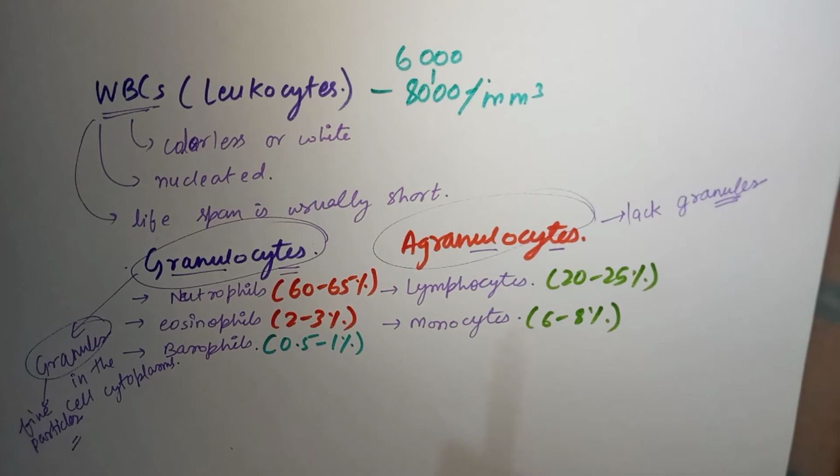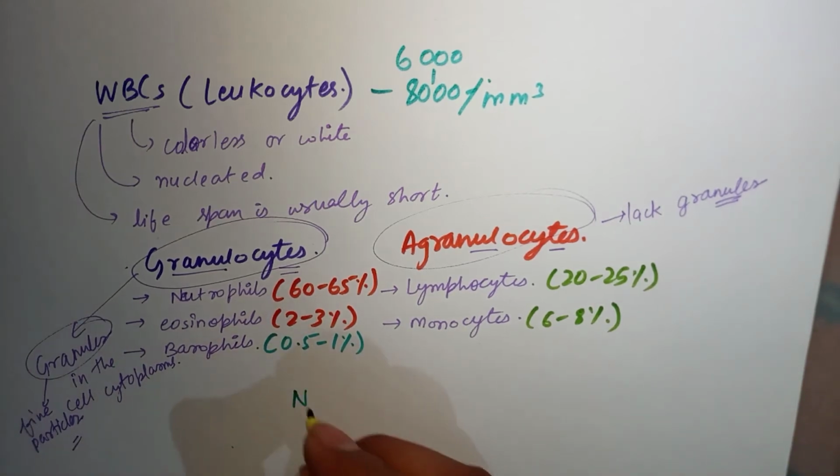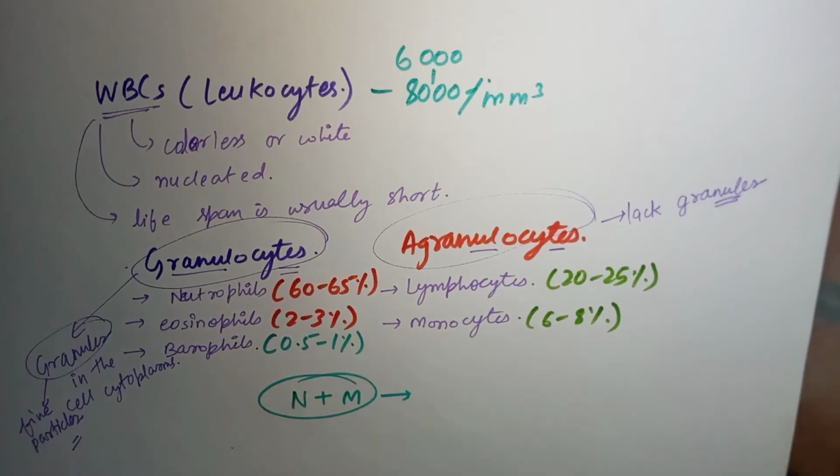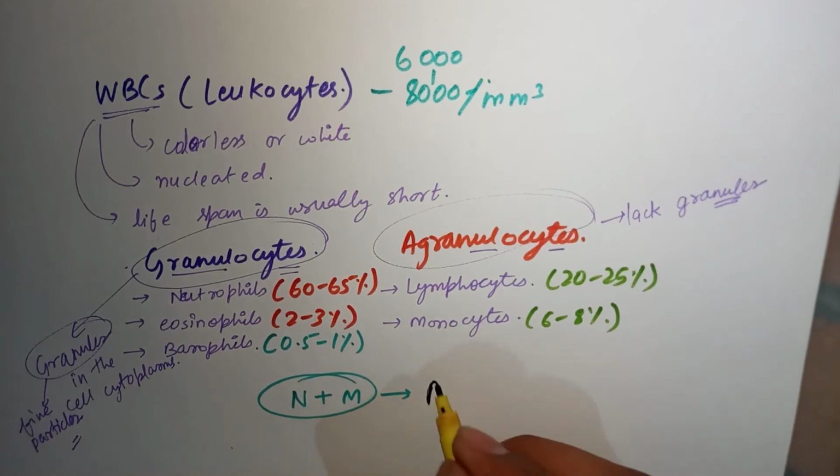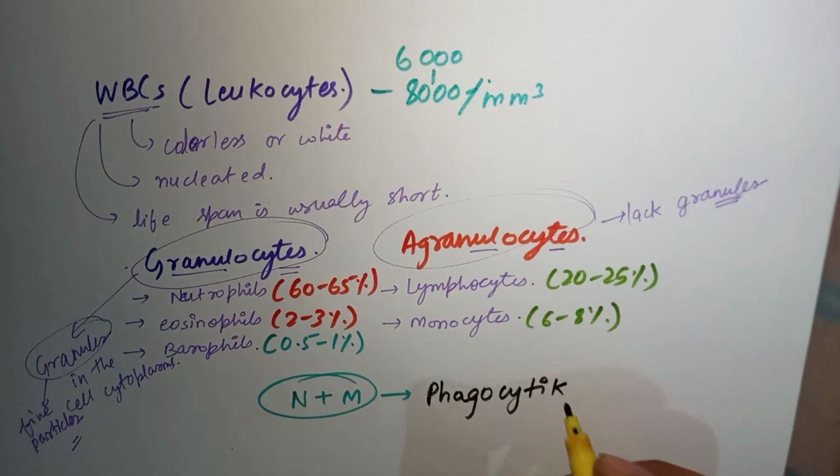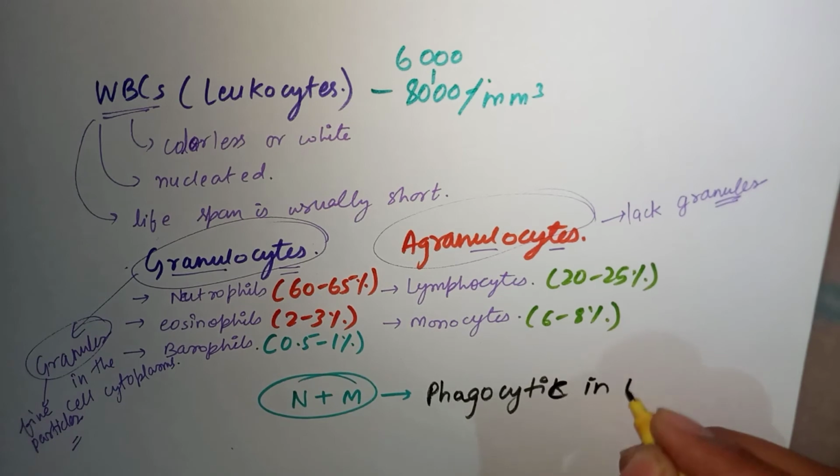There are some terms used for describing these, like neutrophils together with monocytes are phagocytic in nature.